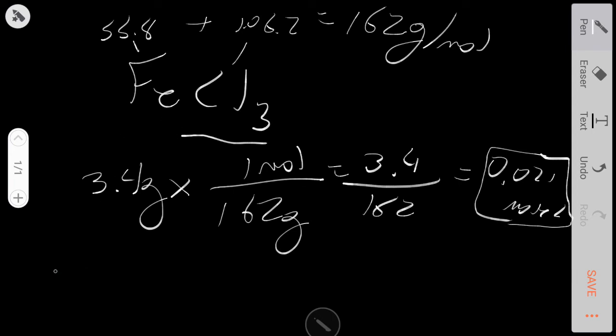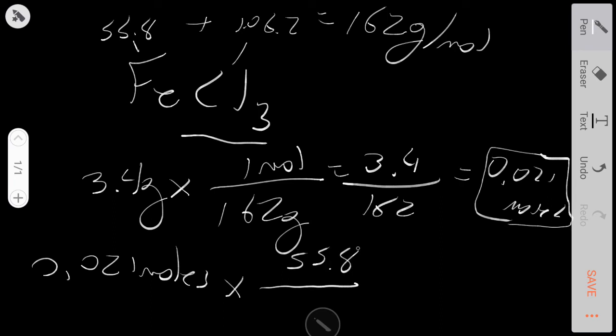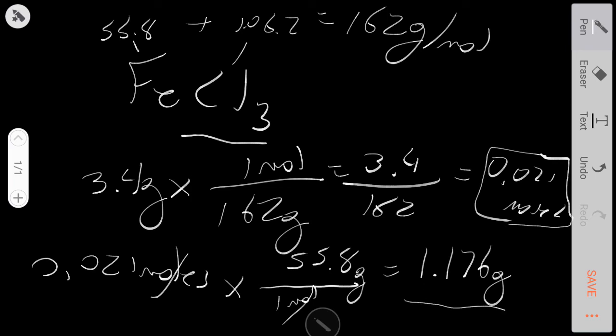So I have 0.021 moles times 55.8 in 1 mole. Moles cancel. I'm left with grams. Your answer should be 1.176 grams. The problem is that A, B, C, and D, none of those are 1.176, so none of those are the correct answer.